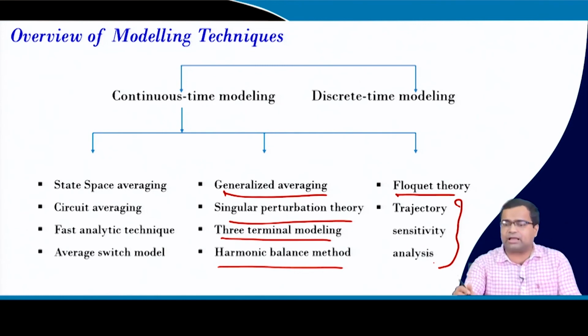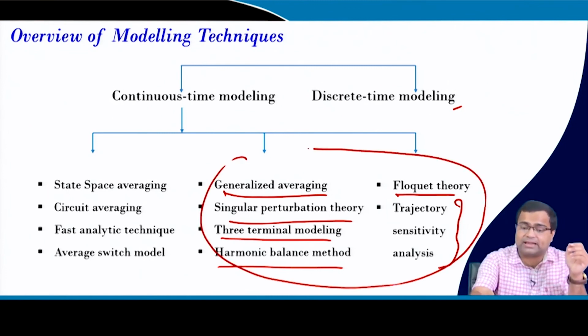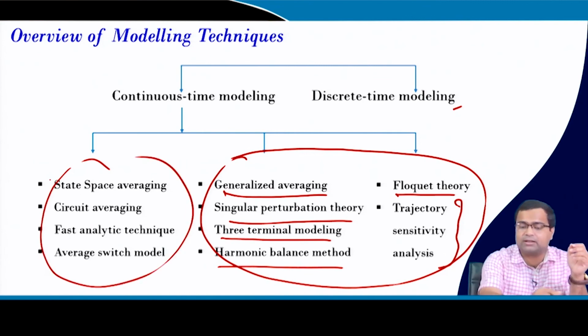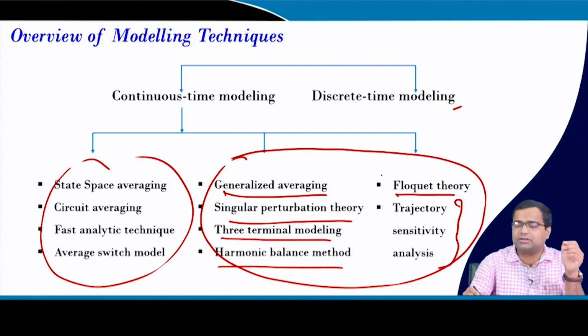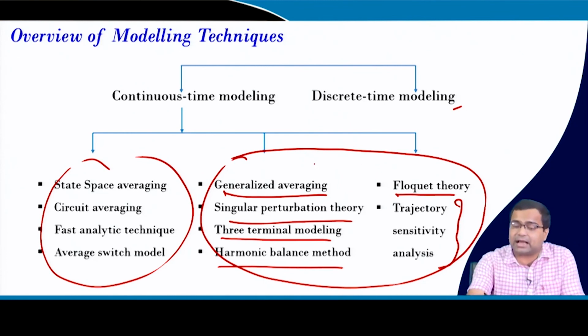And the discrete time model I already told, it is a very accurate model, but the majority of these models are slightly complicated compared to the traditional model, particularly Floquet theory and harmonic balance, but these techniques are more accurate than this technique.